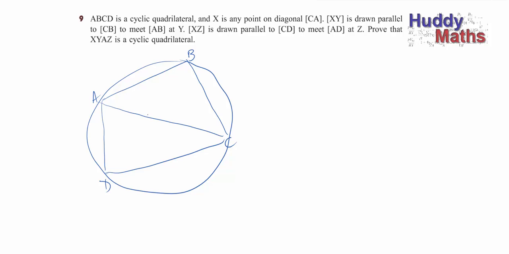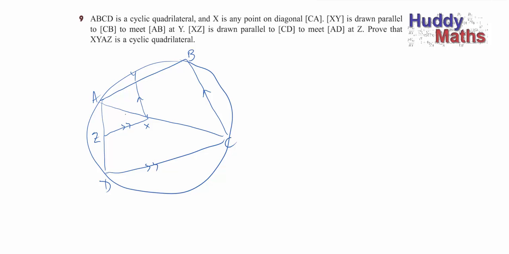Okay, so let's put X here, and we're going to go across here to Y so that these two are parallel, and then we're going to do the same thing over here. It's parallel to this one down here, and that goes across to Z there. Okay, so that's our complicated looking diagram.